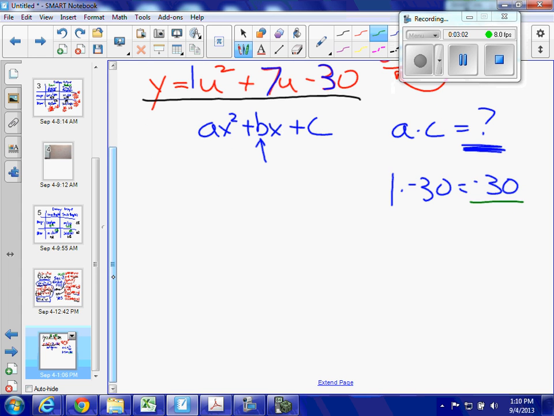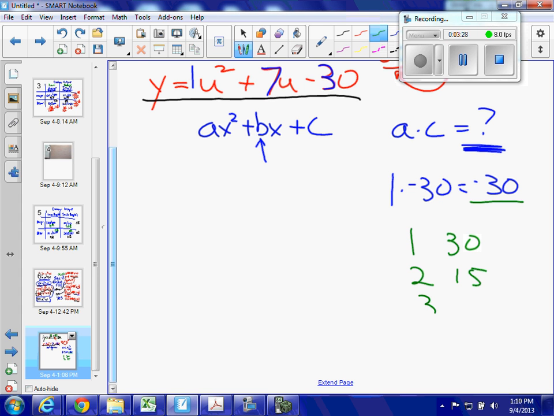I can kind of see them right off the top, but I would just run through the scenario. Well, factors of negative 30. There's 1 and 30 with a negative sign on one of those. Adding those 2 together in any form isn't going to get me close to 7. There's 2 and 15. That's getting me a little bit closer, but the difference between 2 and 15 is 13, so it's not going to be 7.